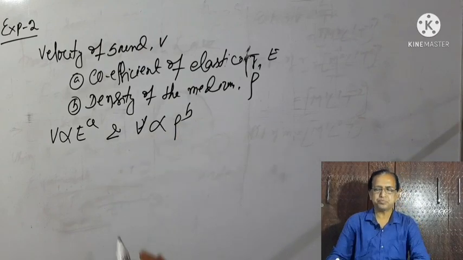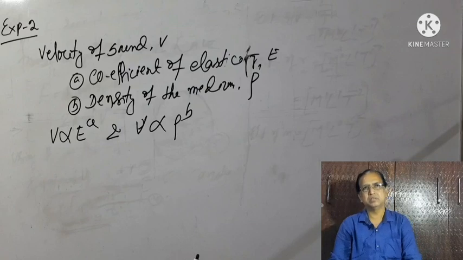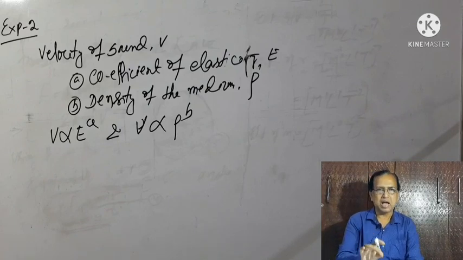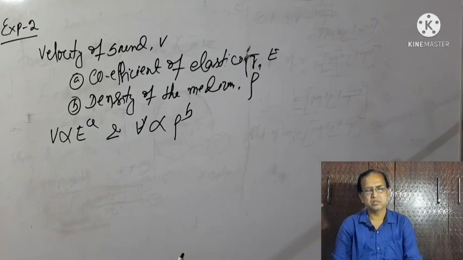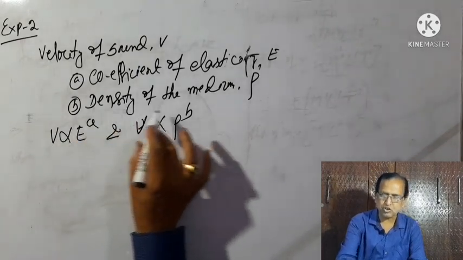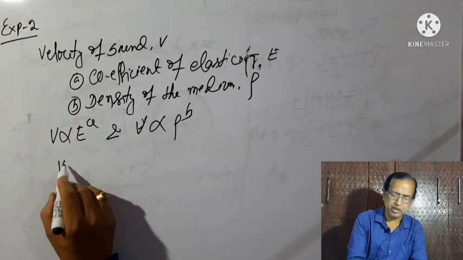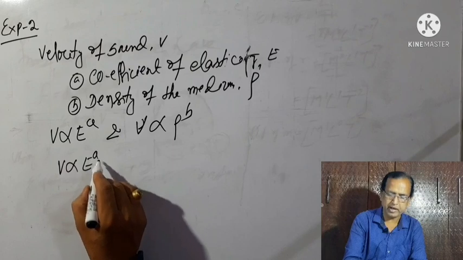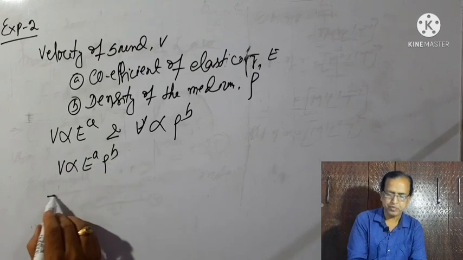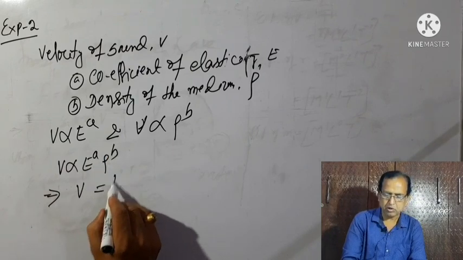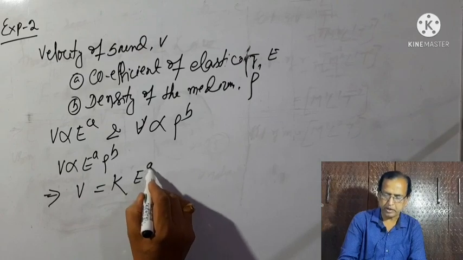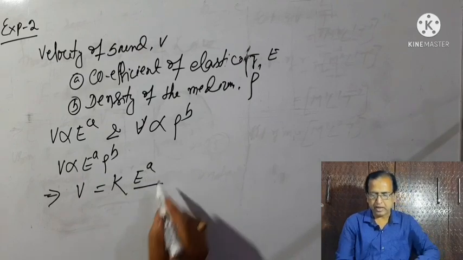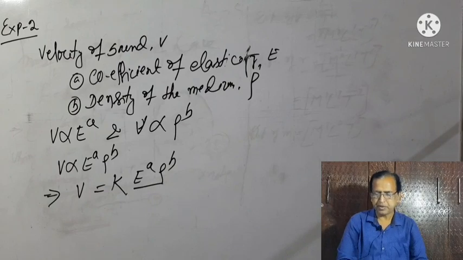A and b are dimensionless constants. Now combining these two factors, V is proportional to E to the power a, rho to the power b. This implies V is equal to k E to the power a rho to the power b.